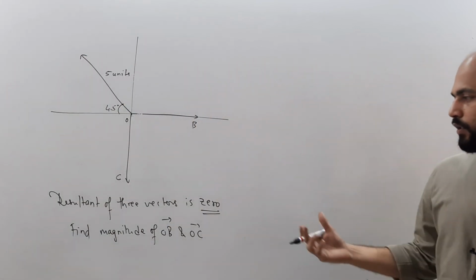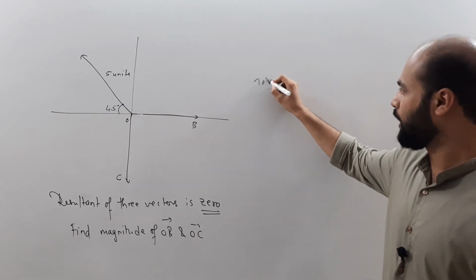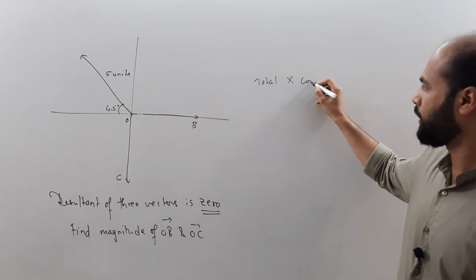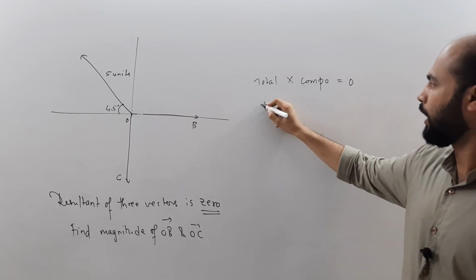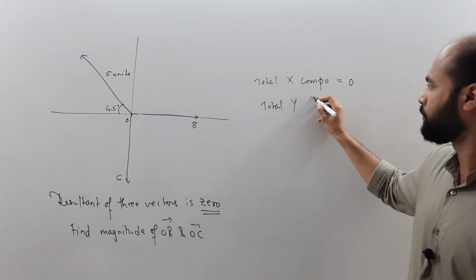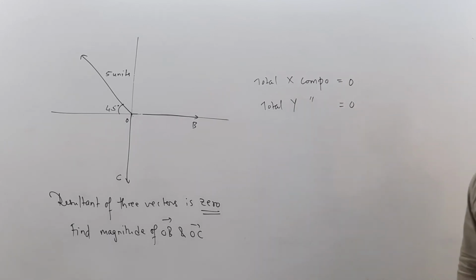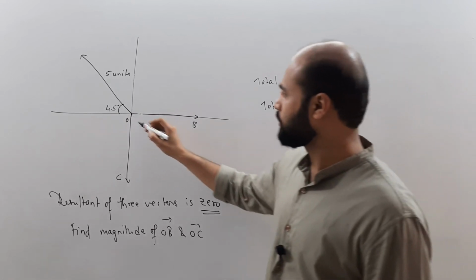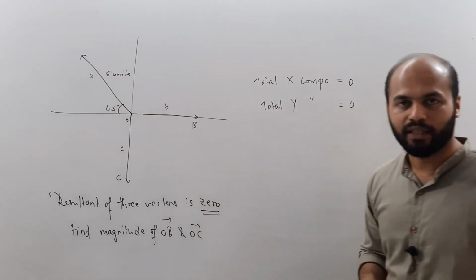So now if the resultant of the vector is 0, that means the total x component that we find after addition should be 0, and total y component that we find after addition should also be 0. Now if we add them, we will call these vectors as A, B and C for convenience.